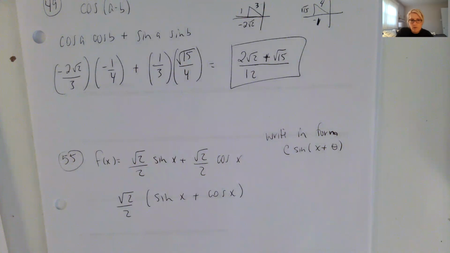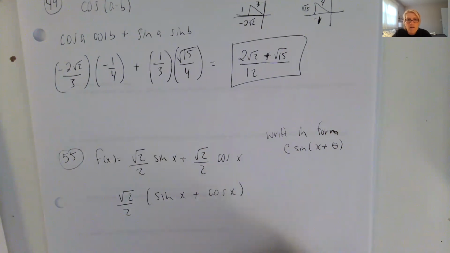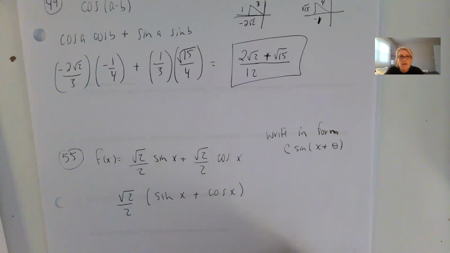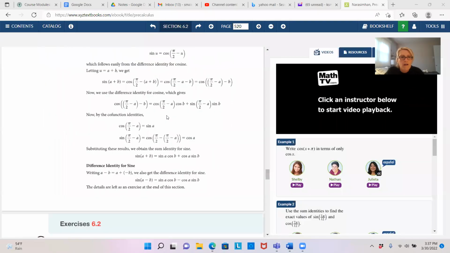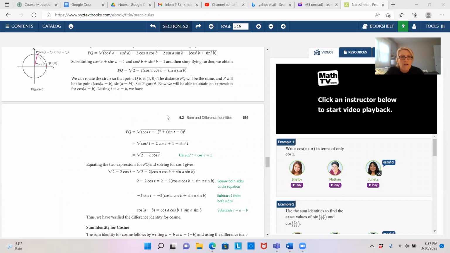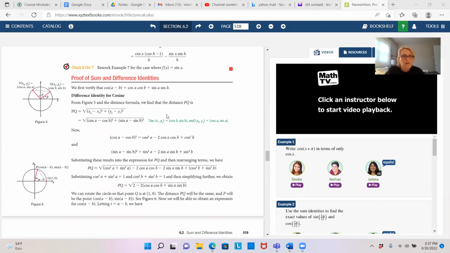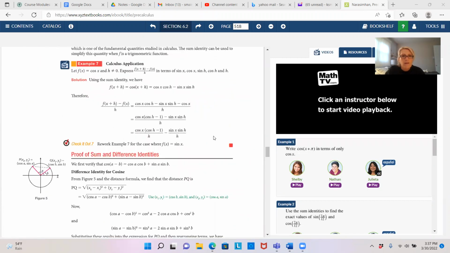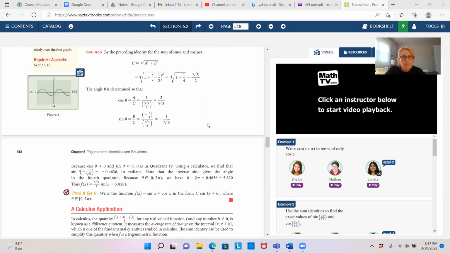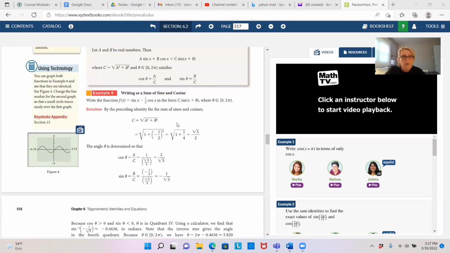So let's go to where we show this in the book here. We're writing it as a sum of sine and cosine.